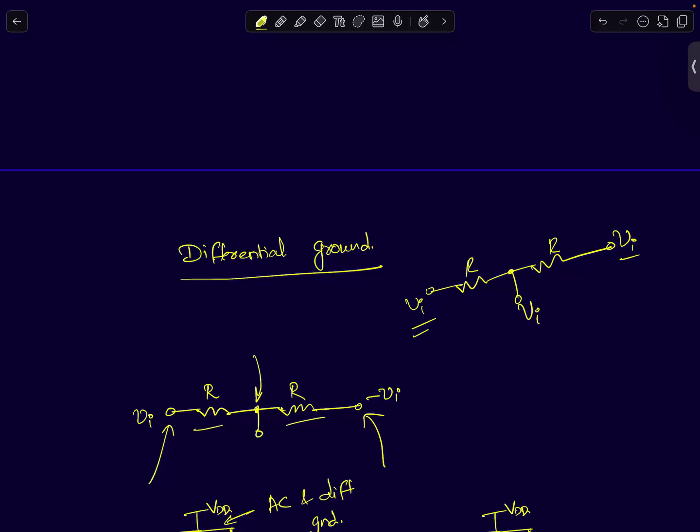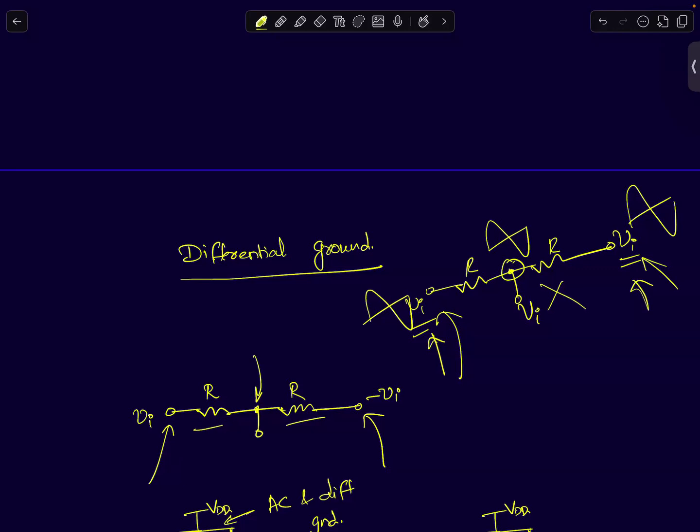Remember, these two are AC signals, small signal sinusoids. This node is also a sinusoid, the same sinusoid of the same frequency. So here, this is not AC ground. Even though I'm applying AC signals here, this node is not going to ground. This node voltage is changing.